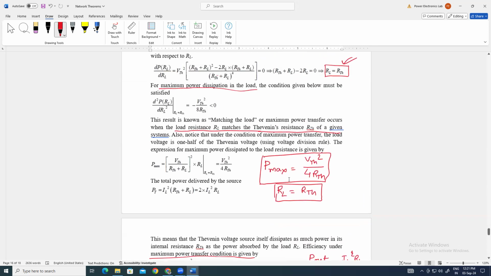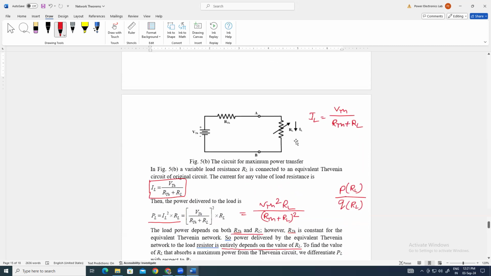Because we can see here, this is IL square RL, and power dissipation through this RTH will also be IL square into RTH.